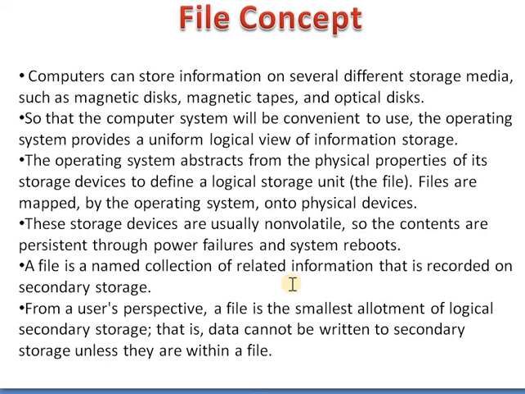In the last example, there is one file, student, which stores the information related to students. From the user's perspective, a file is the smallest allotment of logical secondary storage, that is, data cannot be written to secondary storage unless they are within a file. In short, a file is a collection of specific information stored in the memory of a computer system.